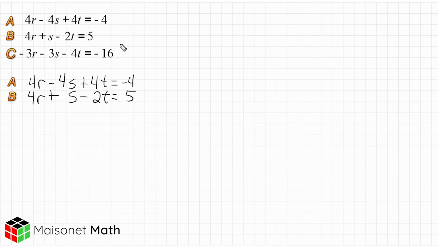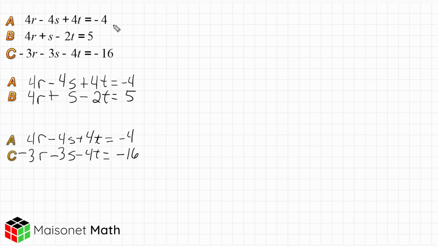I'm going to take the first equation that we used, 4r minus 4s plus 4t is equal to -4, and combine that with this third equation, which is -3r minus 3s minus 4t equals -16. You can only combine two of these three at a time, and you just have to make sure that each one of these equations is represented once.